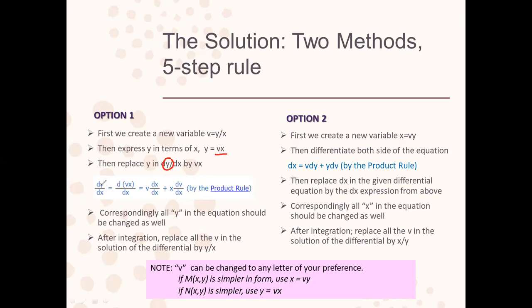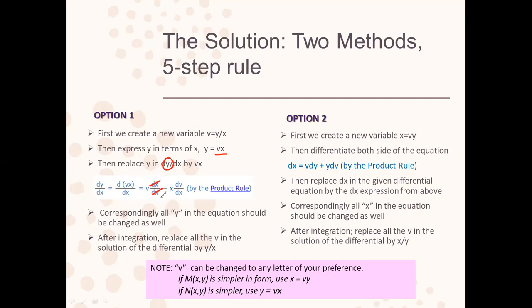So if your dy dx now, if we change your y to vx, you perform differentiation here in the numerator using product rule. That is first term times the derivative of the second plus the second term times the derivative of the first. Then divide both the terms by dx because the d of vx here, the product of v and x, is divided by dx. In the process, you get to cancel this one.